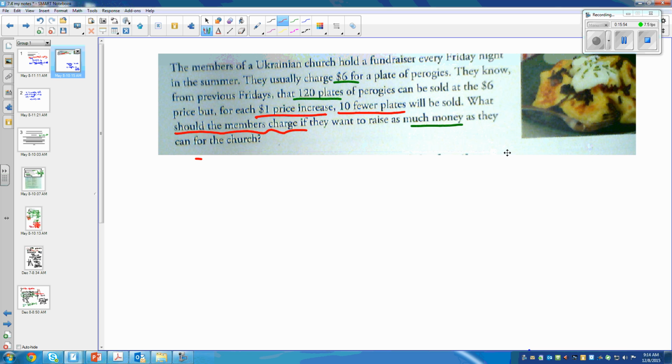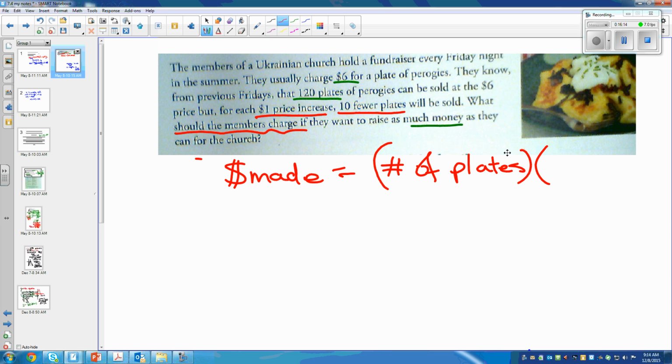Okay. So we want to maximize the price. So money made is equal to number of plates times the price per plate.